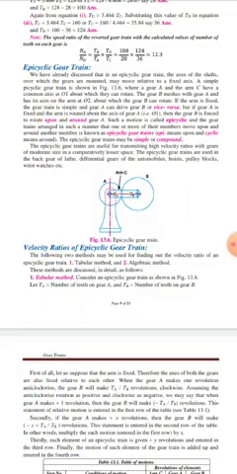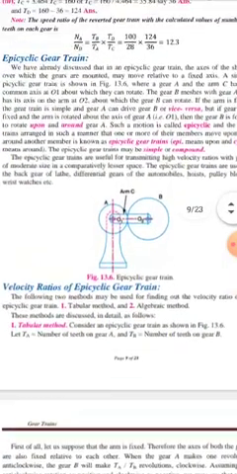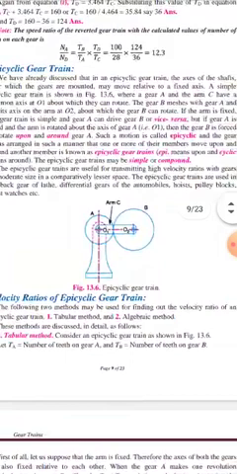Here in this figure, you can see that there is a gear A and there is a gear B that is in mesh, and there is an arm C. Gear A is rotating about its axis O1, and gear B is rotating about the axis O2, and the arm C is fixed now.